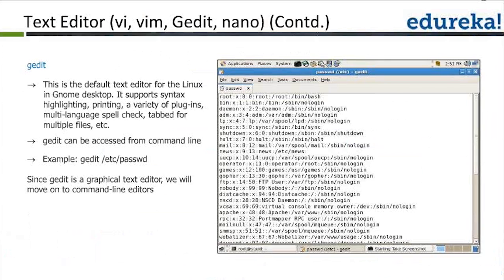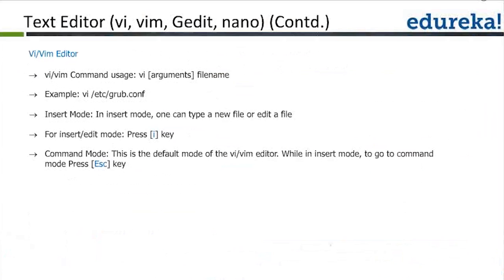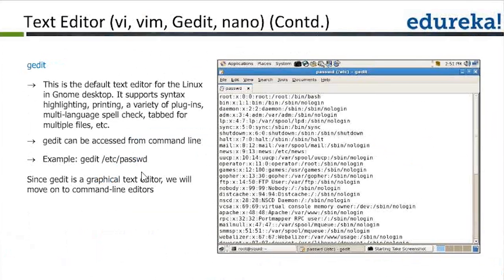We'll stick to the VI editor now. We can open a file in the VI editor and see how to make changes using it. You can even try the graphical editor Gedit.